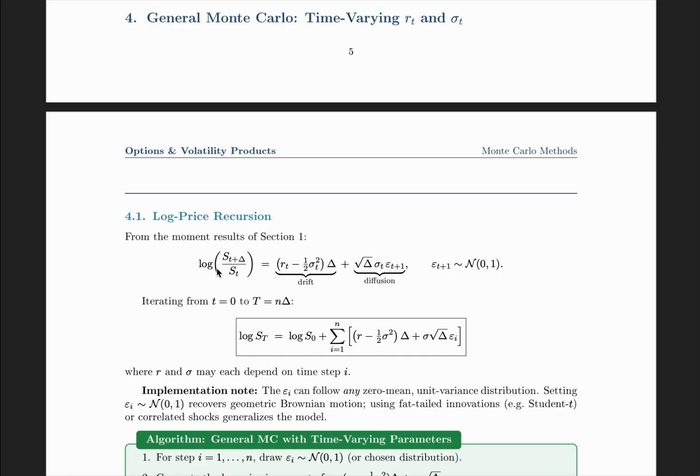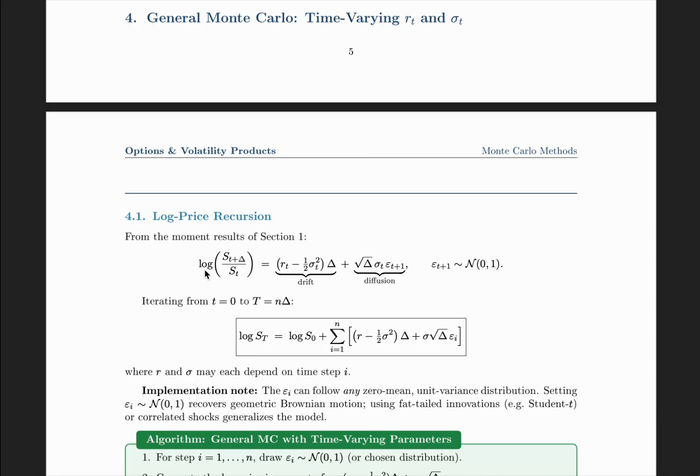So at each point, the log return is going to have a mean of this and a standard deviation of this, multiplied by a random draw, which we can simulate using our computer, right? That's what the log return is going to be for each period, right?